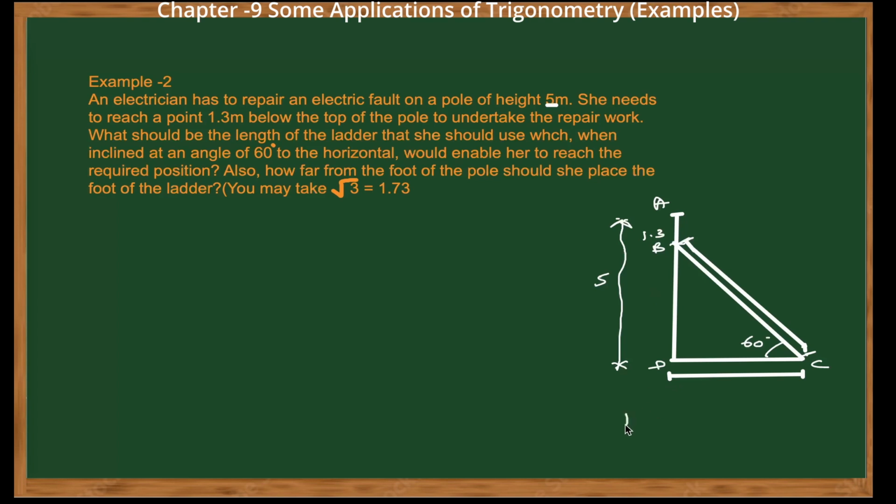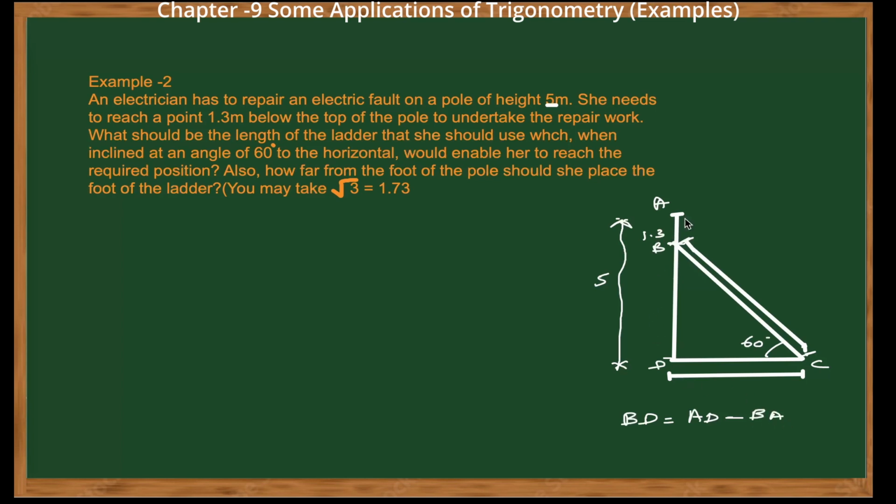BD is nothing but, BD will be this one from here. From here till here, because this is the triangle we need to find, not from here. So BD is nothing but the complete AD, starting from the top, minus AB.